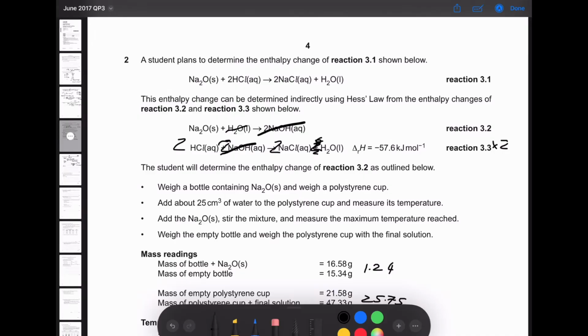So overall it becomes Na2O plus 2 HCl gives us 2 NaCl plus H2O. And that is exactly 3.1. So the reaction is combined 3.2 and 2 times 3.3.